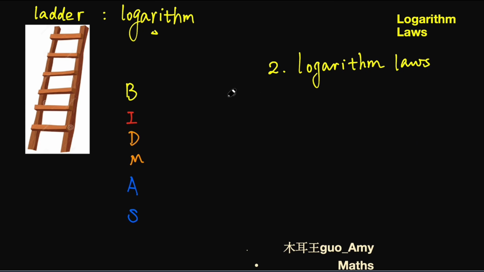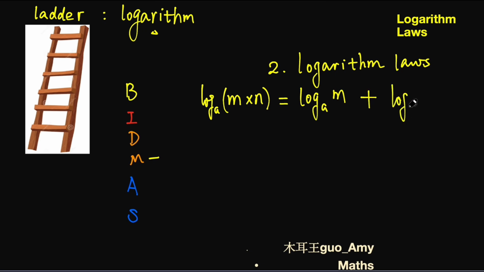For example, if we have m times n, and this is multiplication, and then if we take log to get log mn to base a, this can be calculated using log m to base a plus log n to base a. And this tells us the multiplication of mn is lowered to addition.